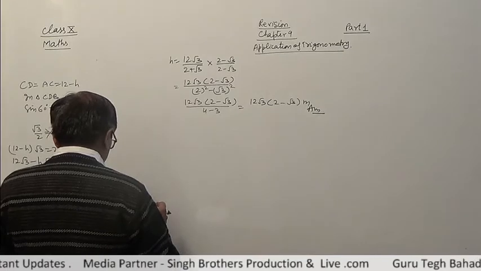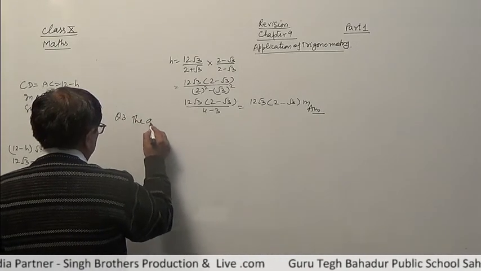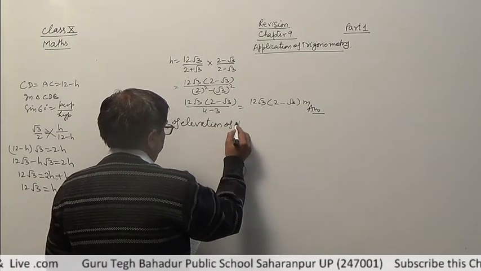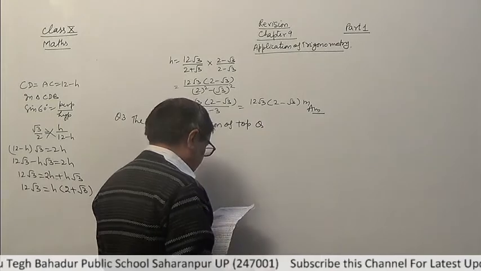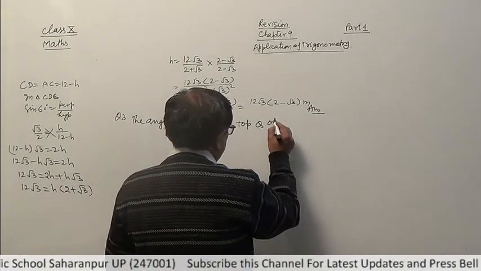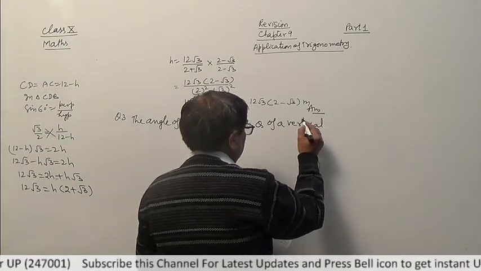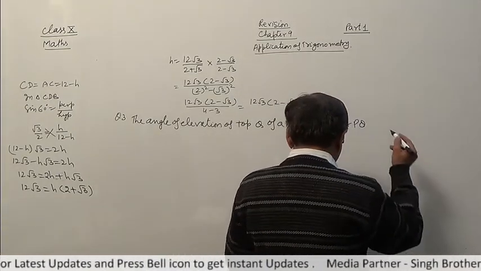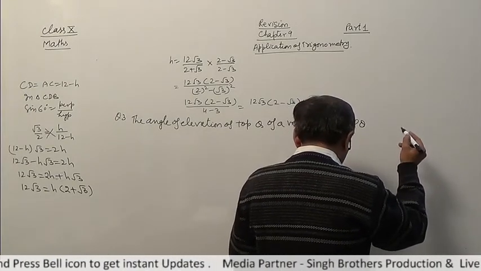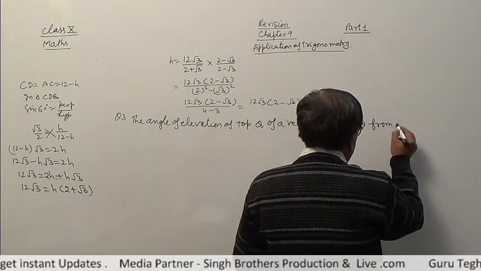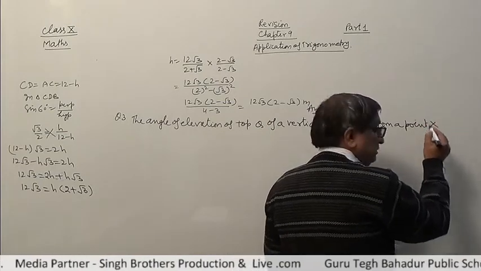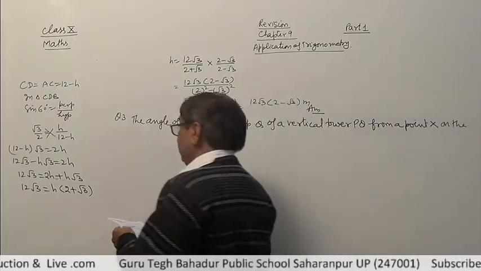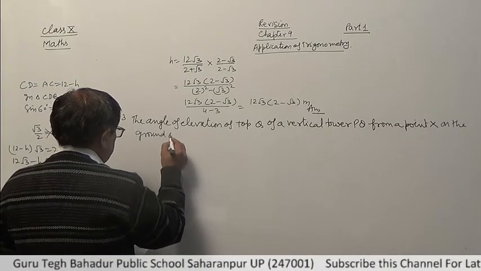The angle of elevation of top Q of a vertical tower PQ from a point X on the ground is 60 degree.